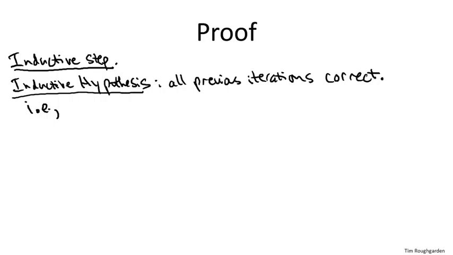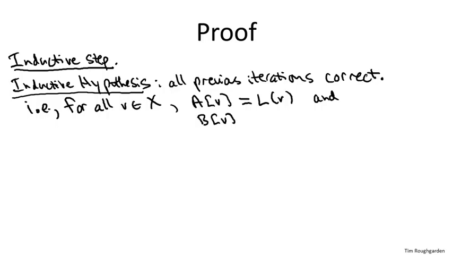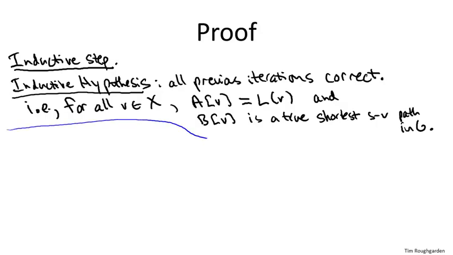Remember, in the inductive step, the first thing to do is state the inductive hypothesis. You're assuming you haven't made any mistakes up to this point. Let's be a little bit more formal about that. So that is, everything we computed in the past. What did we compute in the past? Well, for each vertex in our set capital X, for each vertex that we've already processed, we want to claim that our computed shortest path distance matches up exactly with the true shortest path distance.